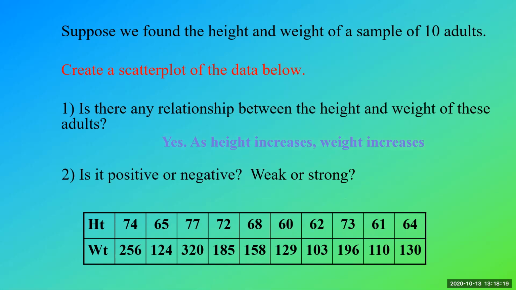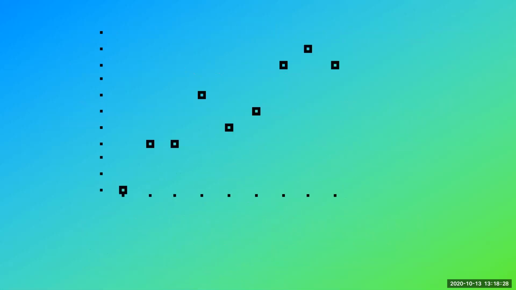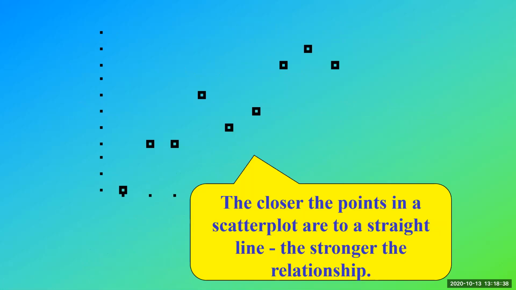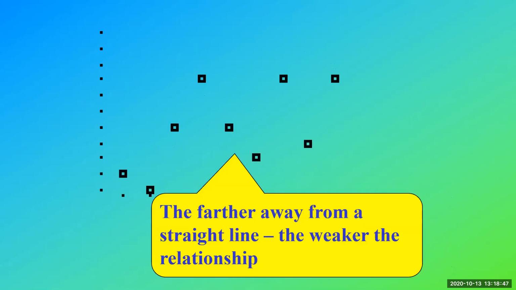From our linear equation line, it would definitely be positive, and it is definitely strong. So the closer the points in a scatter plot are to a straight line, the stronger the relationship. The further away from a straight line, the weaker the relationship.